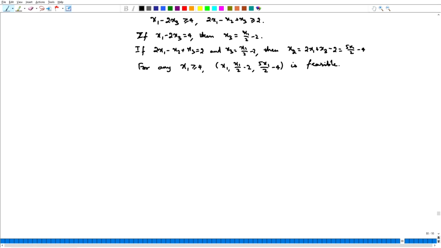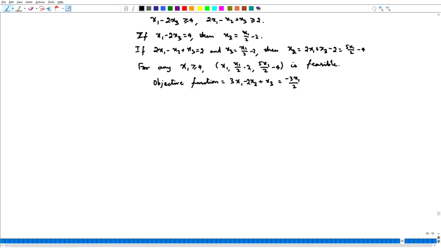Okay. So, now let us find out what is the value of the objective function. It is 3x1 minus 2x2 plus x3, right. So, at this feasible point, you will have 3x1 minus 5x1, that is minus 2x1, plus x1 by 2 is minus 3x1 by 2.